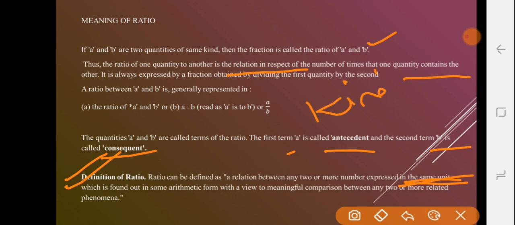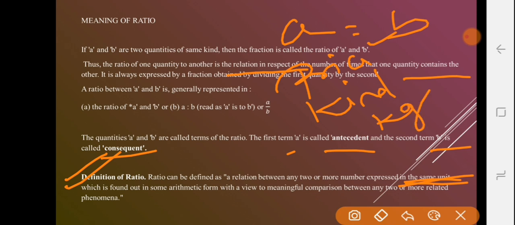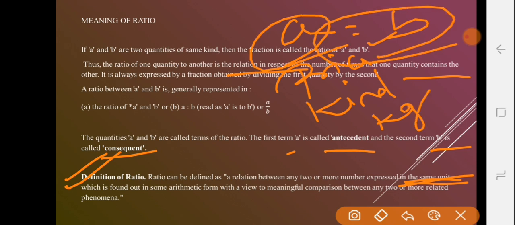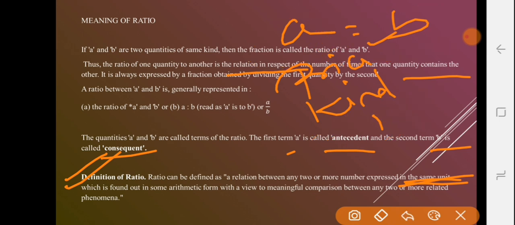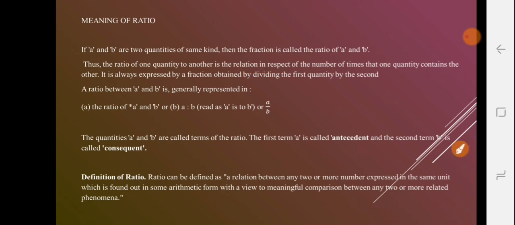If you are comparing A with B with respect to price, or quality, or kgs, whatever it may be, the base, the kind, should be the same. That is very important when it comes to ratios. This is needed for the practical part of the concept. Okay, we'll take up the next part.